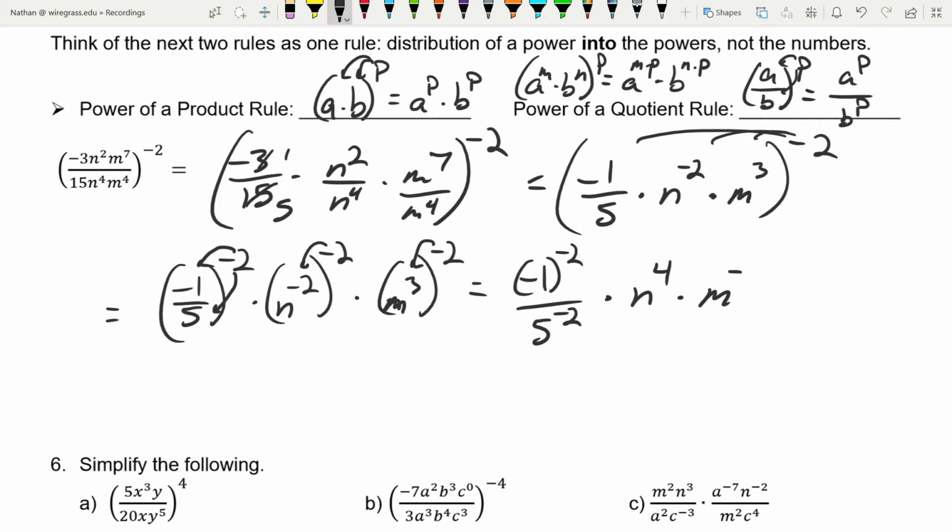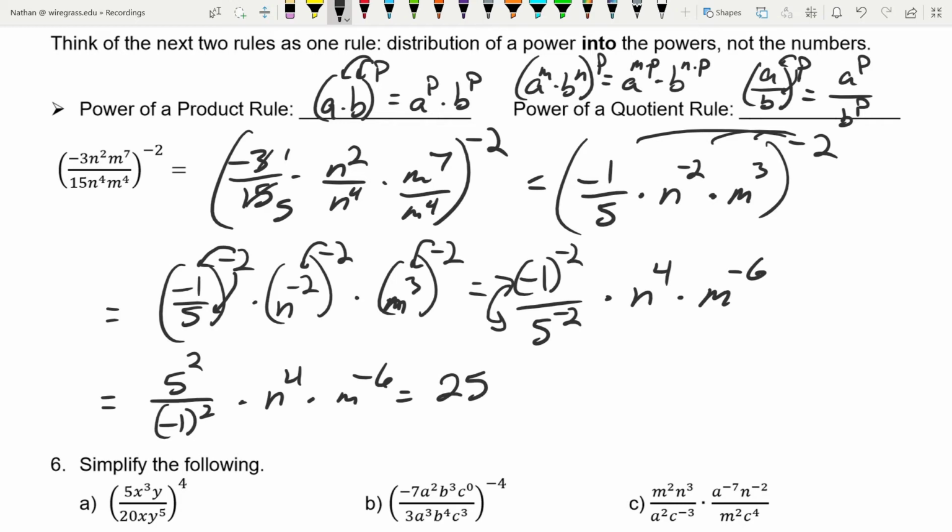That's going to give me m to the -6. Okay, -2 on the -1, that's going to flip it to the bottom. And likewise, the 5 is going to flip to the top. So we get 5 squared over -1 squared times n to the 4, m to the -6. And that just gives us a -1 squared is 1, 5 squared is 25, 25 over 1 is 25.